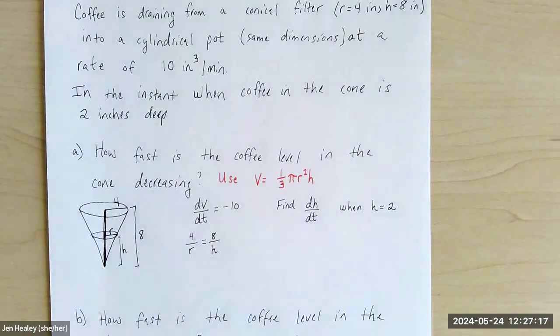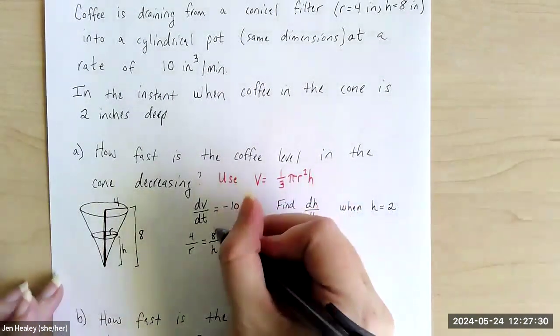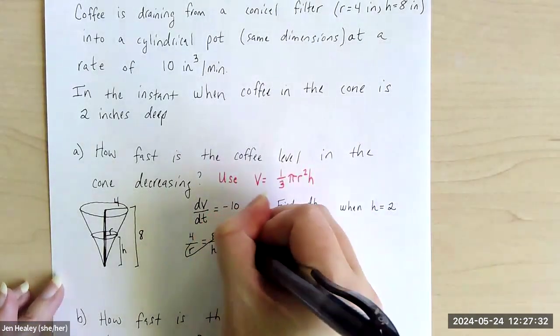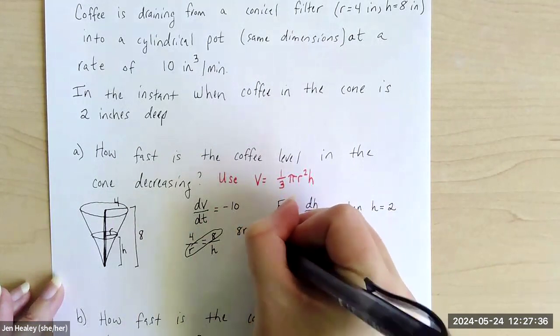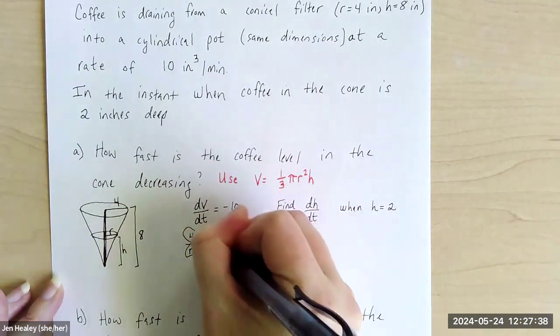And I want to replace my r with h's, so I need to solve for r. If I want to solve for r, I'm cross multiplying. This is going to give me 8r equals 4h.